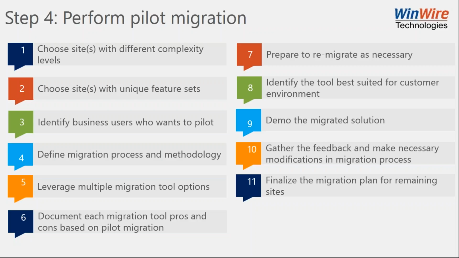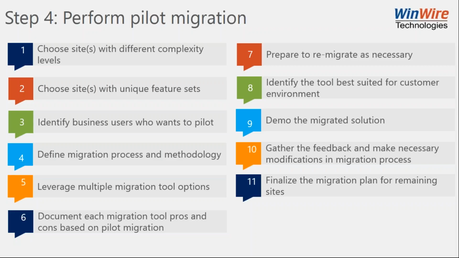So basically you need to pick different flavors of the eRoom site, and then choose unique feature sets. And the foremost important thing in an enterprise scenario is you need to pick some users who are ready to be part of the pilot and move to a different platform out of eRoom. Right? So you need to pick such enthusiasts who can help you with the pilot validation and give ideas, all of that.